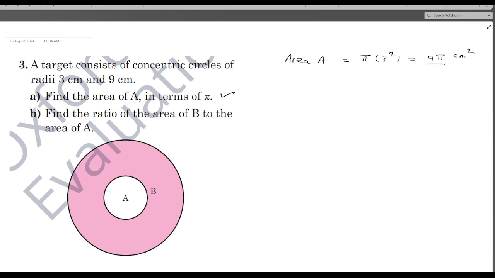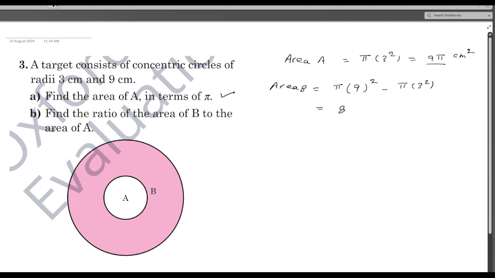Okay, so here find the ratio of the area of B to the area A. For that, let us first find out area of B. Your area B will be equal to the area of this bigger circle, which is pi times 9 square, minus the area of this inner circle, which is pi times 3 square. So this is 81 pi minus 9 pi, which is 72 pi.